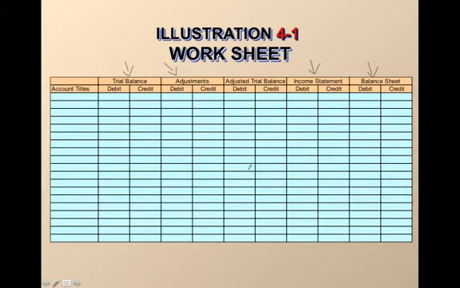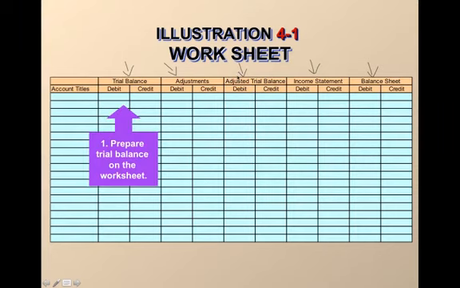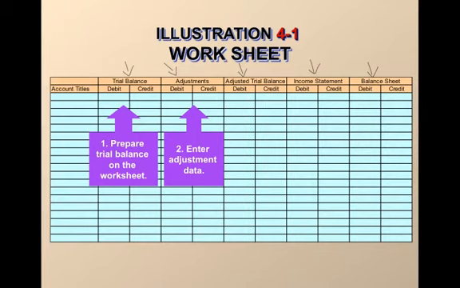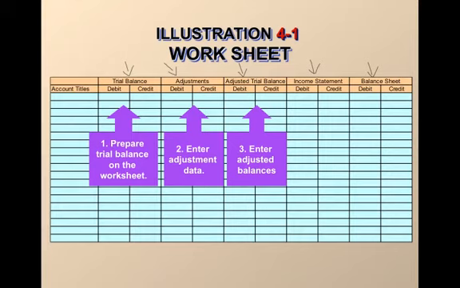We can prepare a worksheet without doing the adjusted trial balance. So we start off with preparing the trial balance. That's step 1. Second step is enter the adjustments. Here we're going to enter the adjusted balances so that you don't have to, when you're extending, calculate them into the income statement. Extending becomes easier in this method.